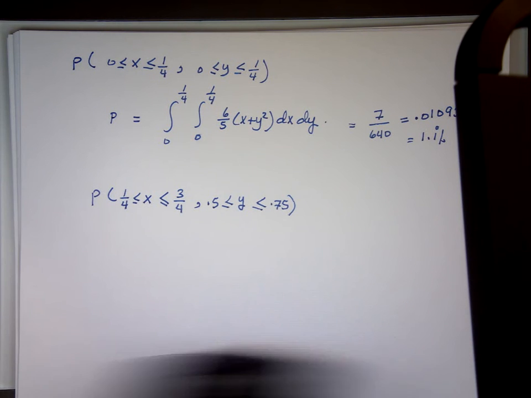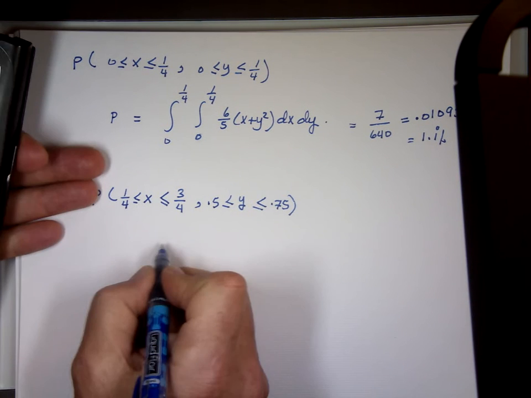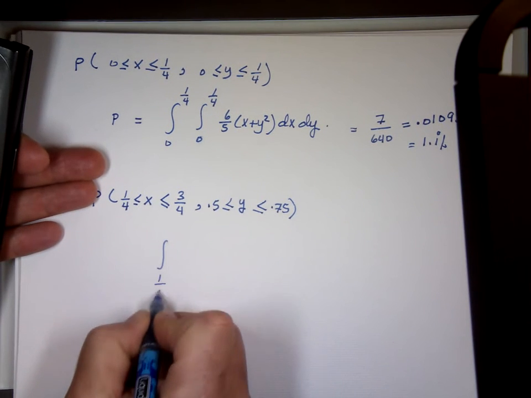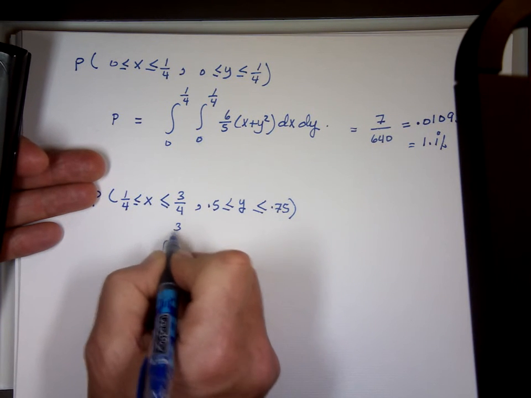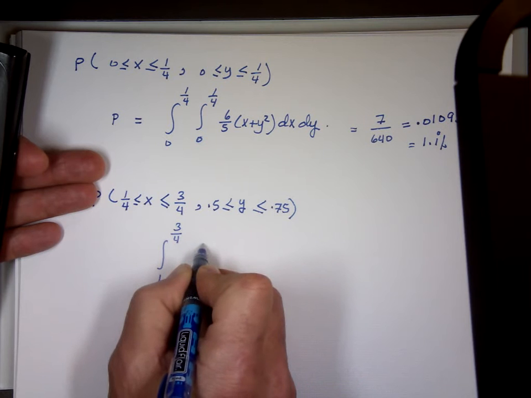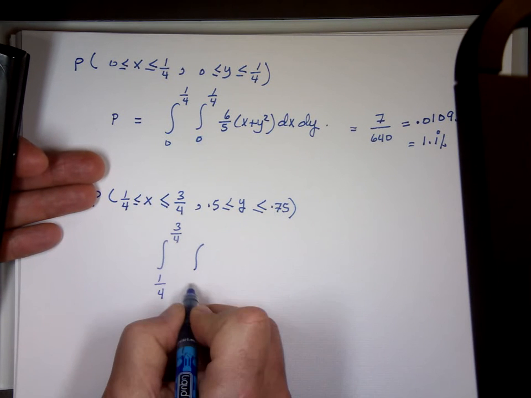They don't have to be the same limits. So again, that becomes from 1/4 to 3/4, that's 0.75, that's the x. I put x first by mistake, but that's okay. 1/2 to 3/4.